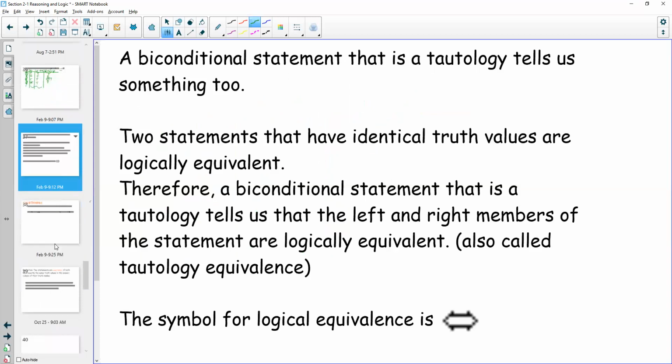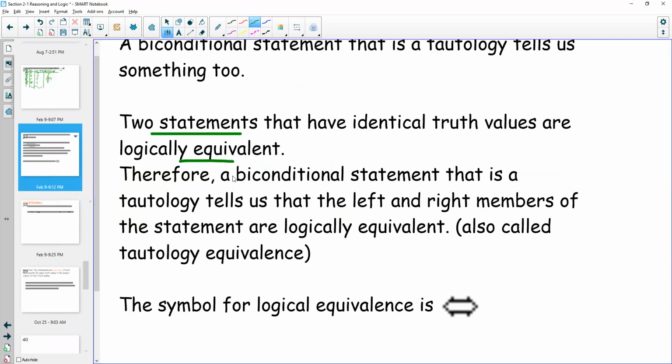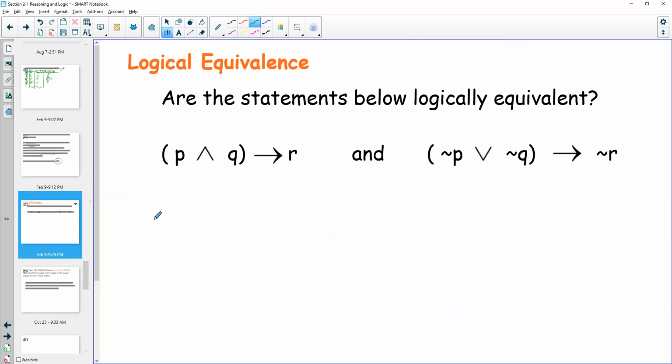A biconditional statement that's a tautology also tells us something. When two statements have an identical truth value, they're logically equivalent. So it tells us that both sides are logically equivalent. This is the symbol we use for logical equivalence, okay? So sometimes what we test for is to see if things are logically equivalent.